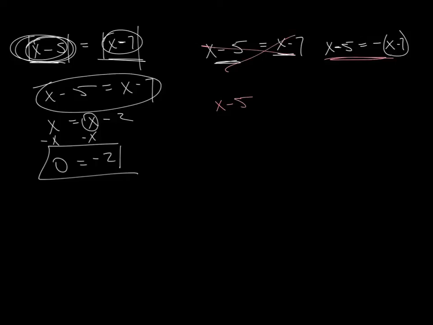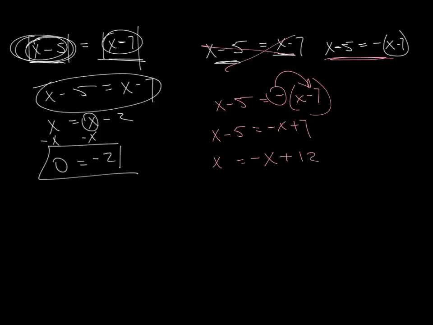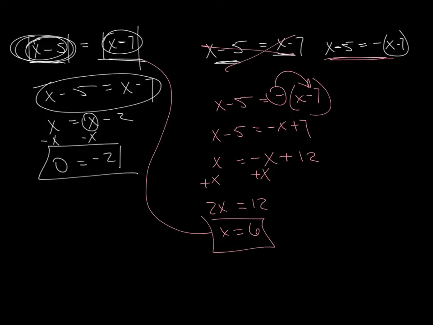X minus 5, I'm just going to rewrite it here so I have more room. Let's distribute that negative. So negative times a negative is a positive. Let's add 5 to both sides. And let's add x to both sides. And that works. So the number that does work here is going to be 6.